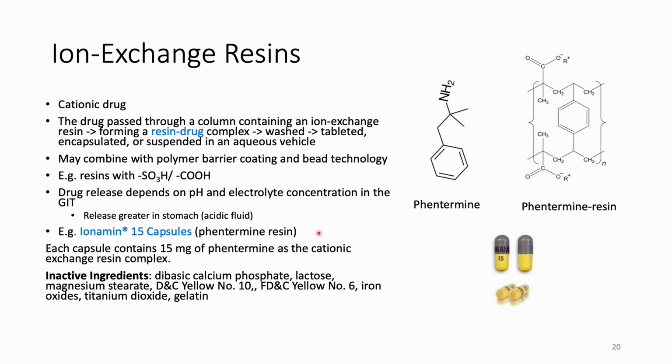An example of this kind of technology is Adipex-P or Ionamin capsule. This drug contains phentermine resin. The phentermine resin in the drug, after passing through the resin column, will form a complex like this, and this complex will be tableted or compressed into granules, and these granules will be inserted into capsules.